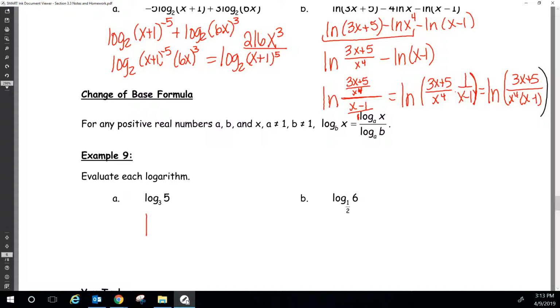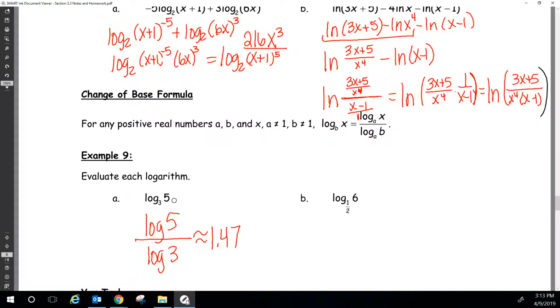Then I would do log base 10 of 5. Remember, we don't write the 10 there. This is common log of 5 over common log of 3. And this is what we put into our calculator. And that gives us approximately 1.47.